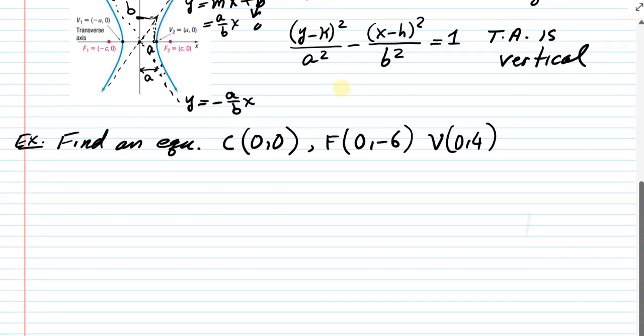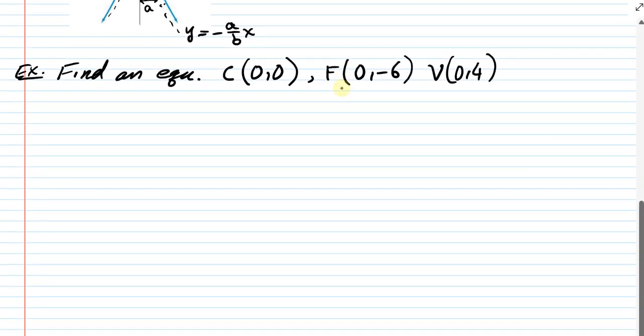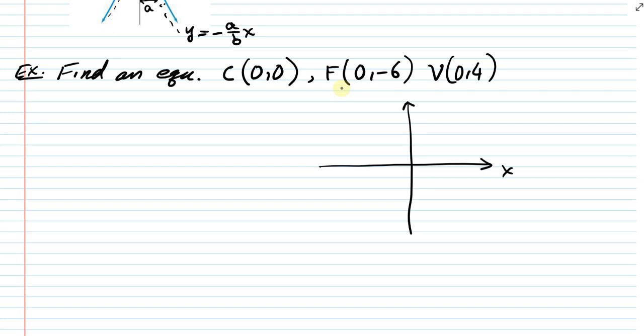Okay, now based on this information, I can graph just some basic points here, some rough sketch. 0, negative 6, so 1, 2, 3, 4, 5, 6 is going to be here. That's 0, negative 6. And vertex 0, 4, 1, 2, 3, 4. Let me do this with a clean coordinate system.